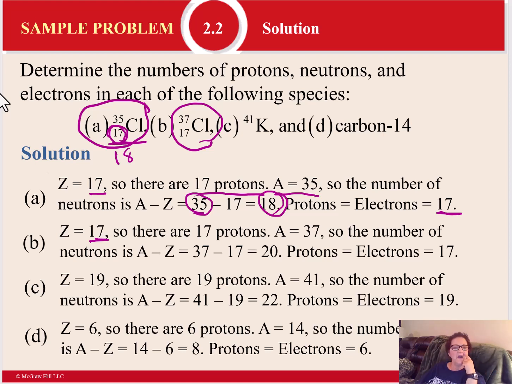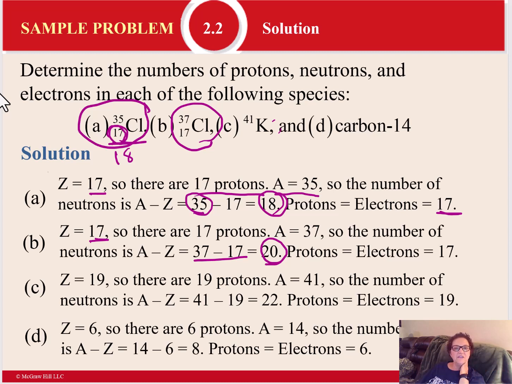But it has 20 neutrons, because 37 minus 17 is 20. Those are isotopes because they have the same number of protons, but different masses, or different numbers of neutrons.